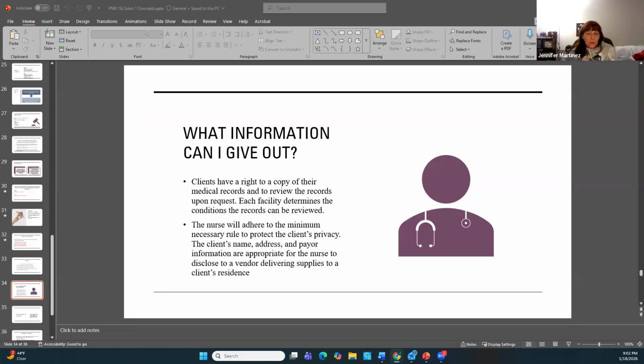Those are appropriate to disclose to a vendor, right? Because if they need oxygen, you need that oxygen there prior to the client being discharged so that it's at the house waiting for them, or they'll meet them at the house. And in order for them to deliver that, they obviously have to have the client's name and address, and who's going to pay for it.